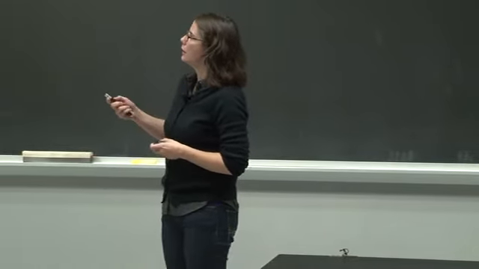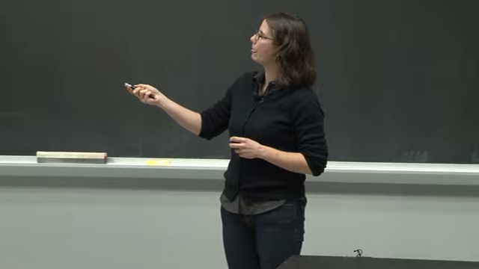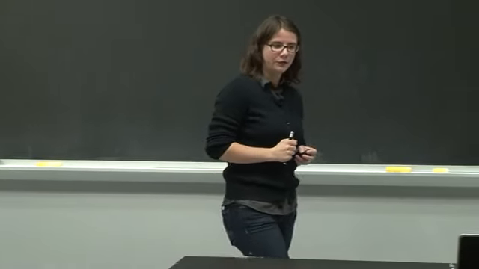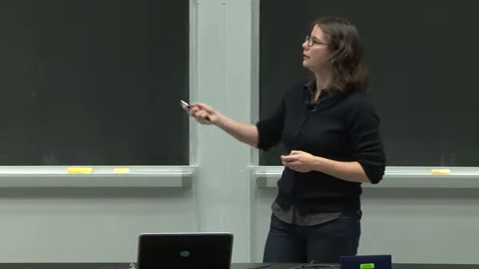Okay? So consider the following case. Let's say whoever wrote the Animal class wants to change the implementation. And they've decided they don't want to call the data attribute age anymore. They want to call it years. Okay, so when they initialize an animal, they say self.years is equal to age. So an animal still gets initialized by its age, and the age gets passed into a data attribute named years. Okay?